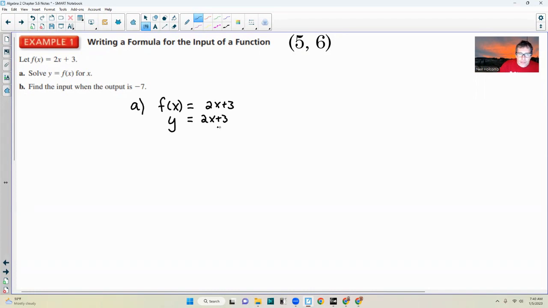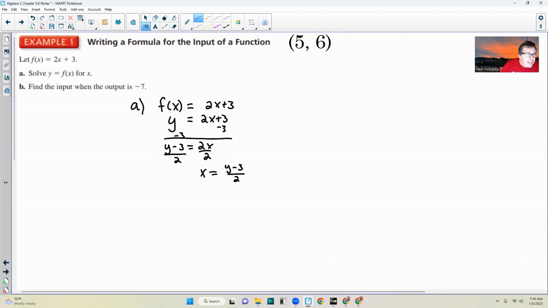So in order to do that, I'm going to subtract 3 from both sides. And that's going to give me y minus 3 equals 2x. Divide by 2, divide by 2. So then I get x equals, I'll just flip it over here, symmetry, y minus 3 over 2. So x equals y minus 3 over 2.